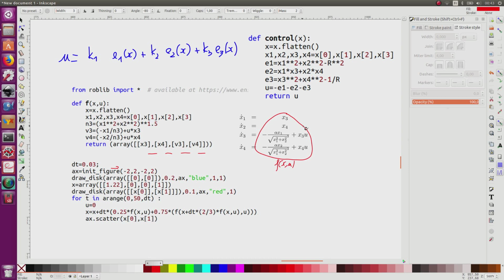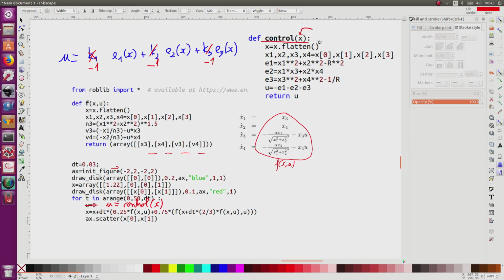For the implementation, I have to write a function for the control here, which takes x as an input, and I build the control as follows. So my coefficients are all taken as -1, -1, -1. I build the three errors and I write the control here. I have to replace u equal to 0 by u equal control of x, so that I will call this function.